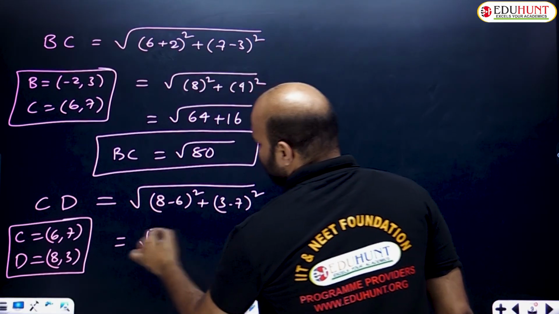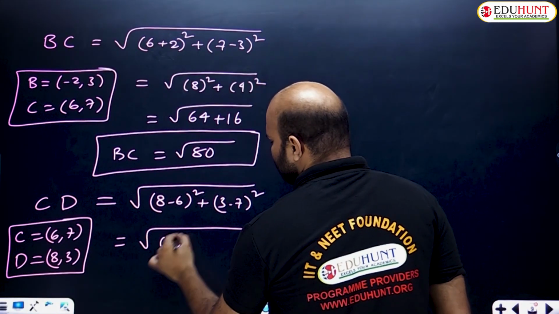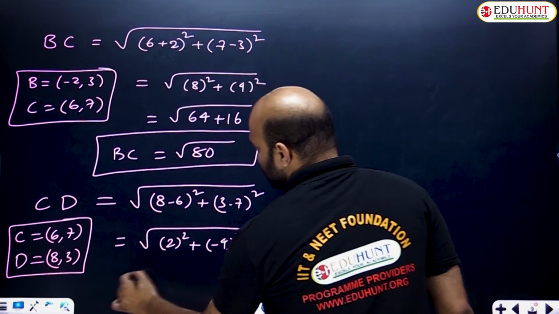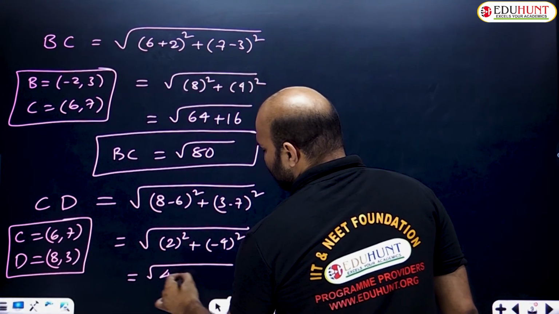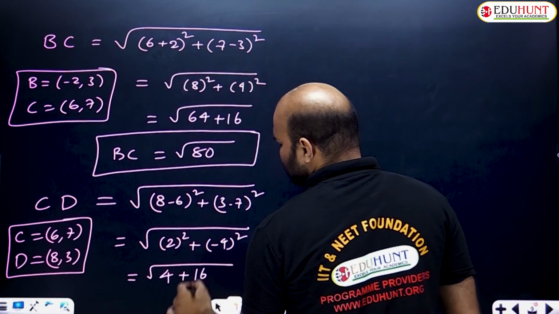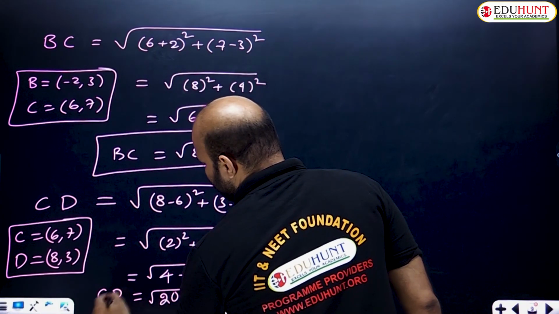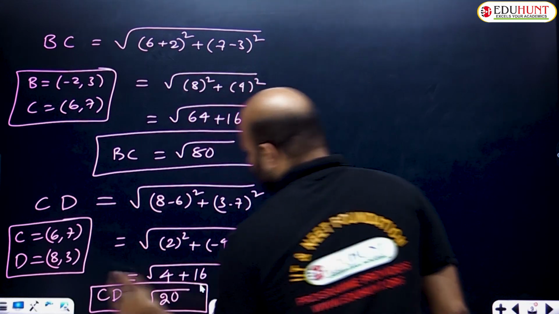So 8 minus 6 is 2, 2 square is 4, and 3 minus 7 is -4, whole square gives positive 16. Total root 20. So CD equals root 20.